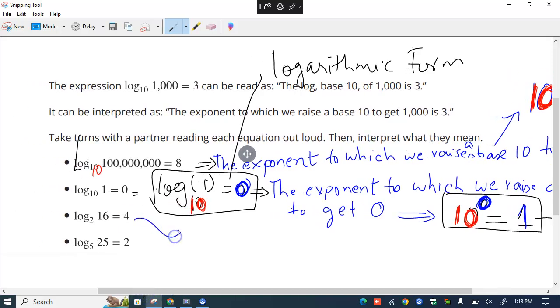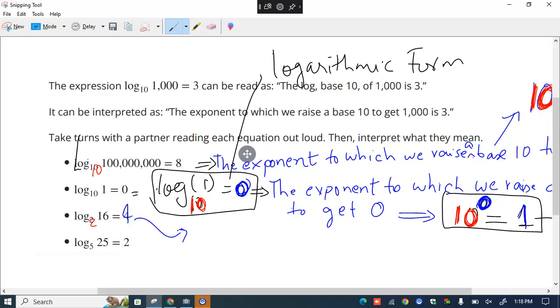Then let's finish this off. In the next case also, I'll use the red color to stand for the base, which is 2 here, and the number by itself is 4.